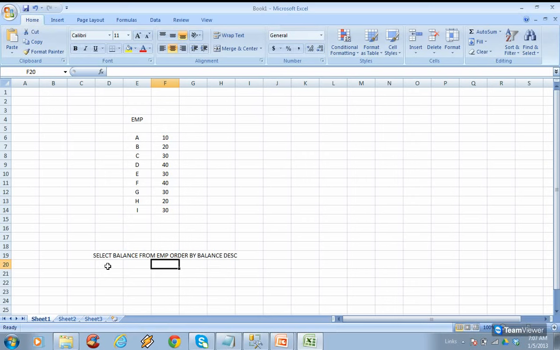When I select balance from EMP order by balance descending, you will get the same values, but sorted in descending order. So you will get 40. How many 40s do you have? This 40 is over, and this 40 is also over. Do you have any more 40s?